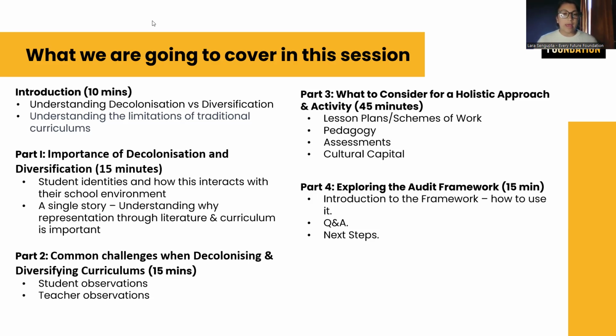Common challenges, because there are lots of different challenges when it comes to changing curriculums, especially decolonising and having that lens. So we'll discuss some of those challenges, and you'll also get an opportunity to ask any questions. And then we can have a look at the audit towards the end.